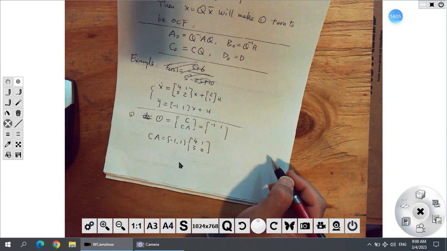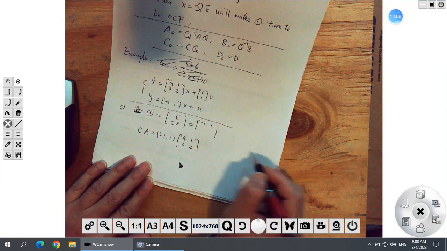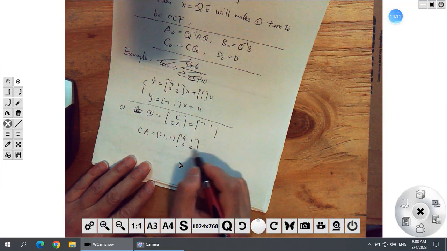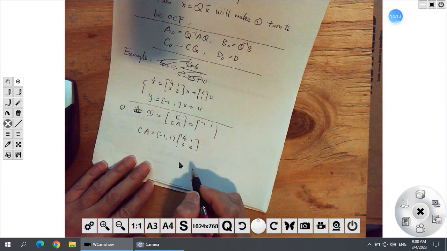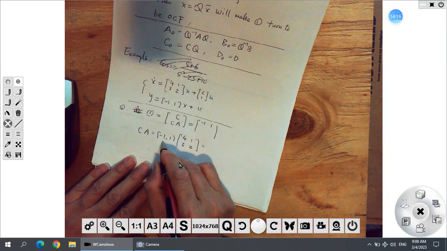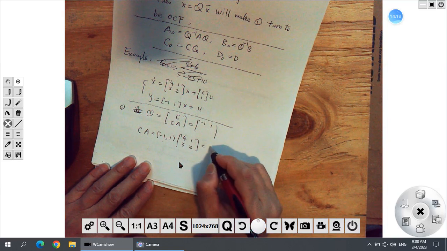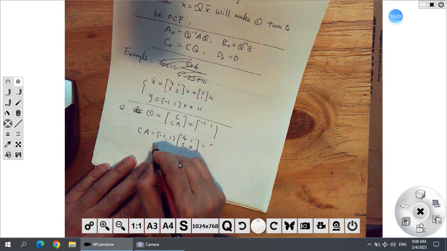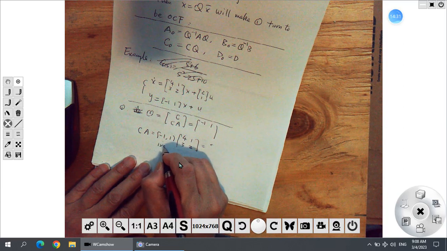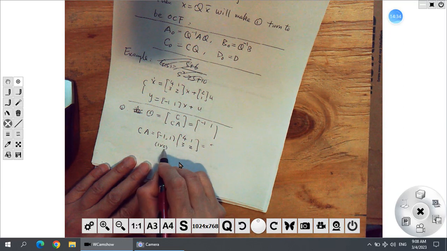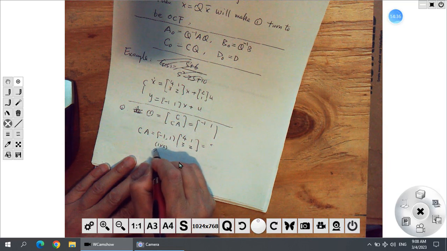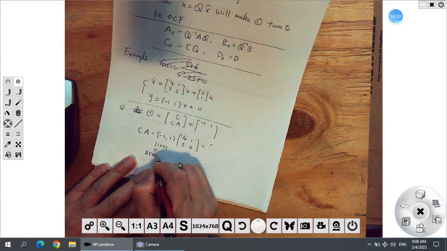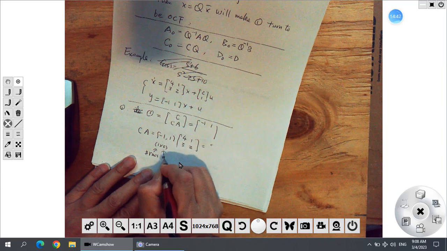So how to calculate? I saw some of you do not know how to find this one. This result will be a matrix. This is matrix times matrix. The first matrix is 1 times 2: 1 row, 2 columns, where this is the number of rows and this is the number of columns.